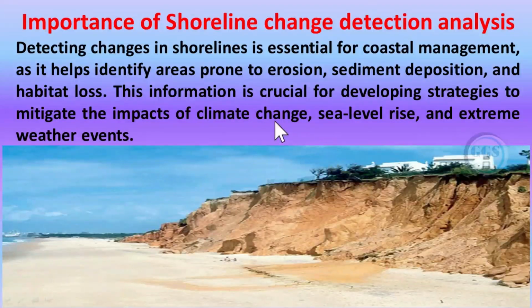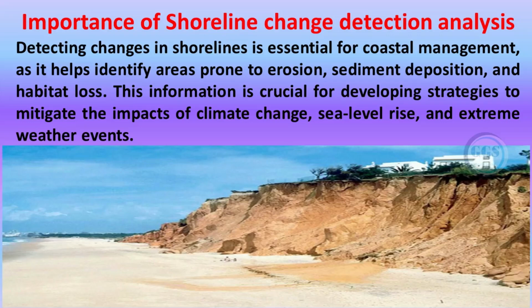Then, the importance of shoreline change detection analysis is that detecting changes in shoreline is essential for coastal management, as it helps to identify areas prone to erosion, sediment deposition, and habitat loss. This information is crucial for developing strategy to mitigate the impact of climate change, sea level rise, and extreme weather events.